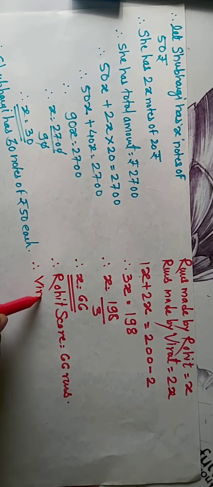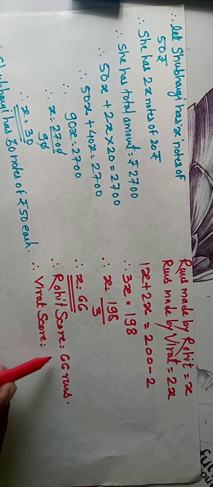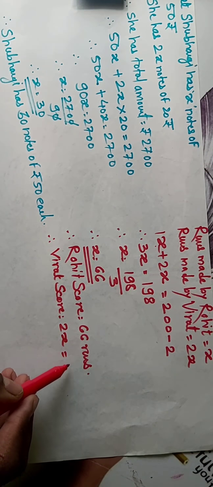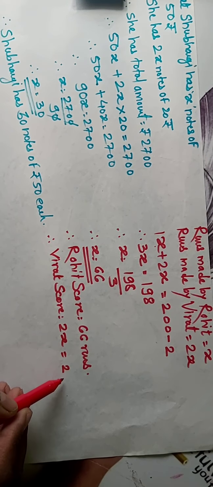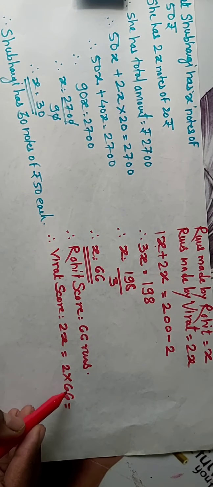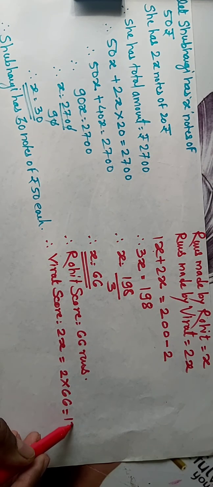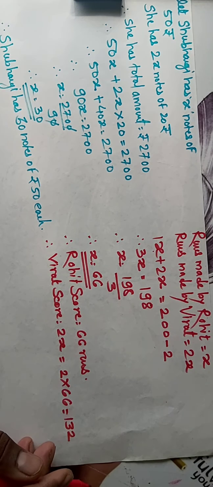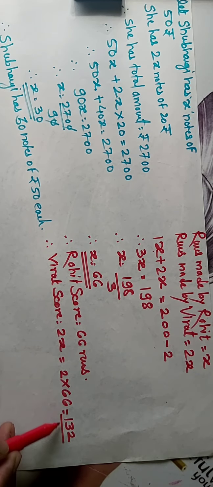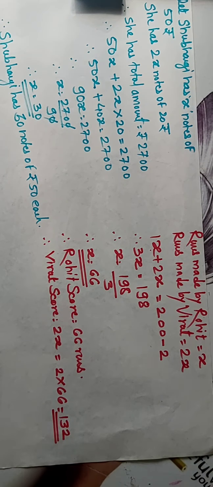Therefore Virat's score is equal to 2x is equal to 2 multiplied by 66. Twice of Rohit means 66 multiplied by 2. 2 6 12, that is 132. Okay. This was the answer. Now students, our chapter is over.